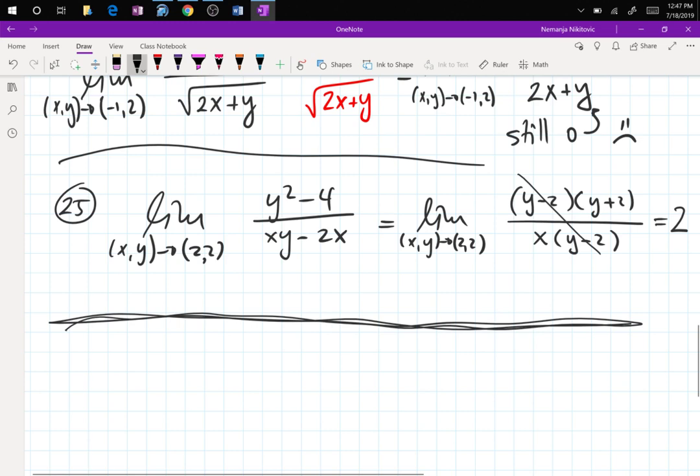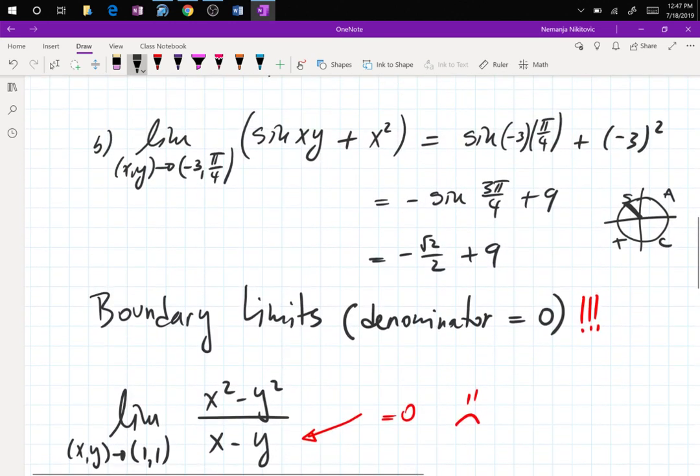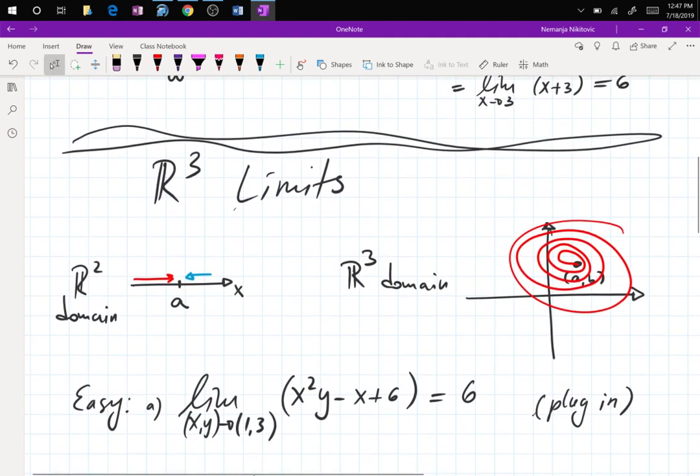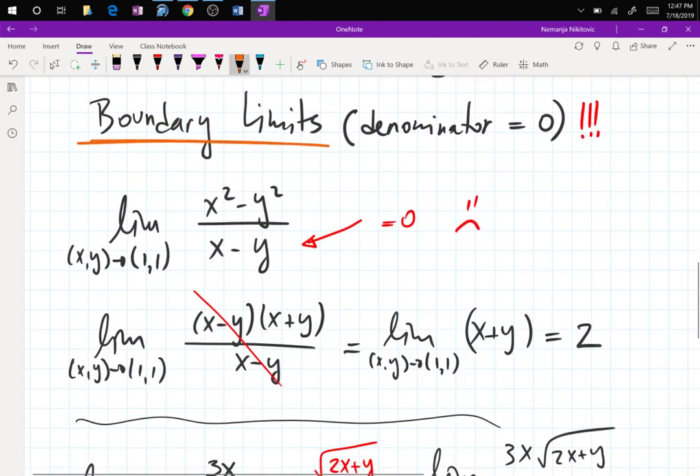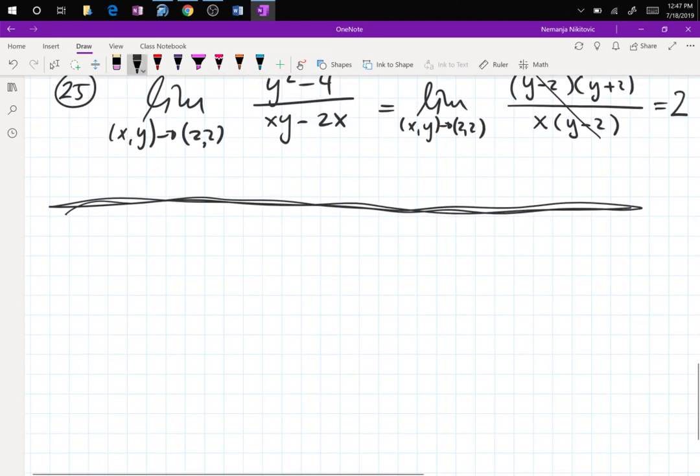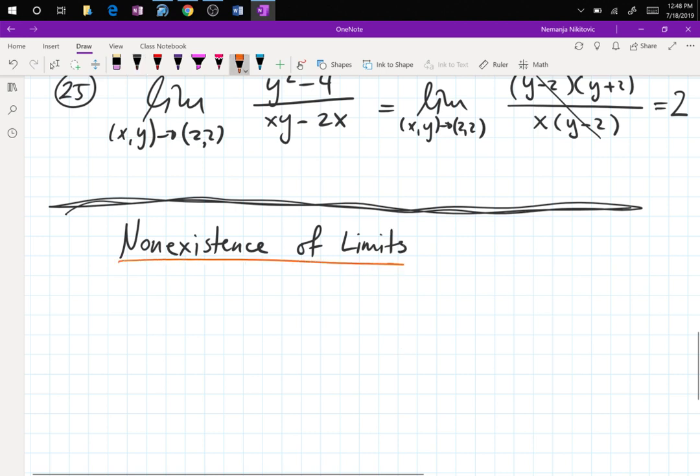And now the level 3. Maybe I should underline with orange. And now, non-existence of limits. Non-existence of limits is the third level.